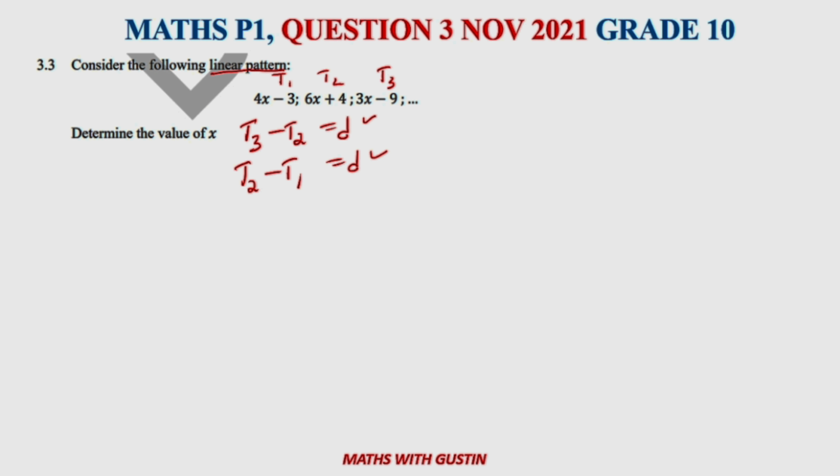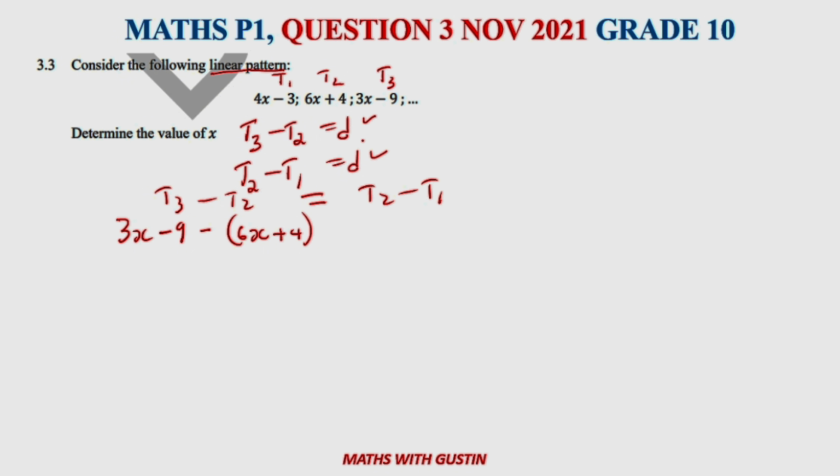So what you can do now, you can do the same thing. T3, let's come here. T3 is 3x minus 9. Therefore you can come here and say minus T2, which is 6x plus 4. Basically what you did here, you said T3 minus T2 should be equal to T2 minus T1.